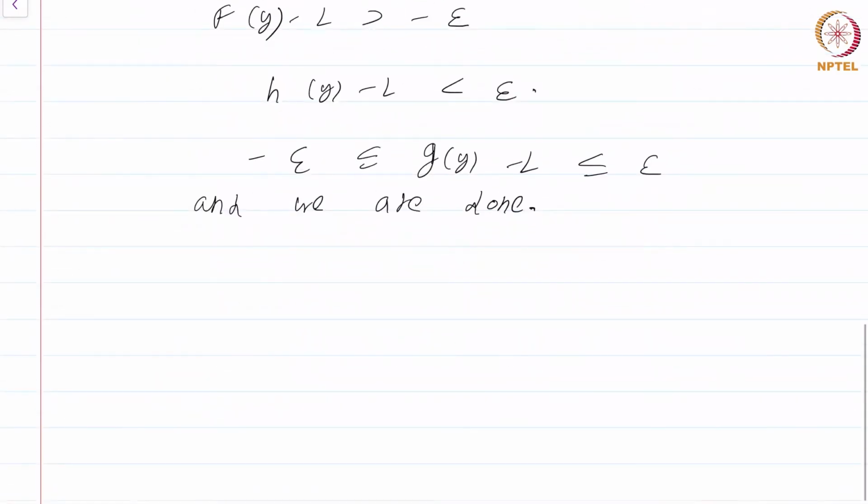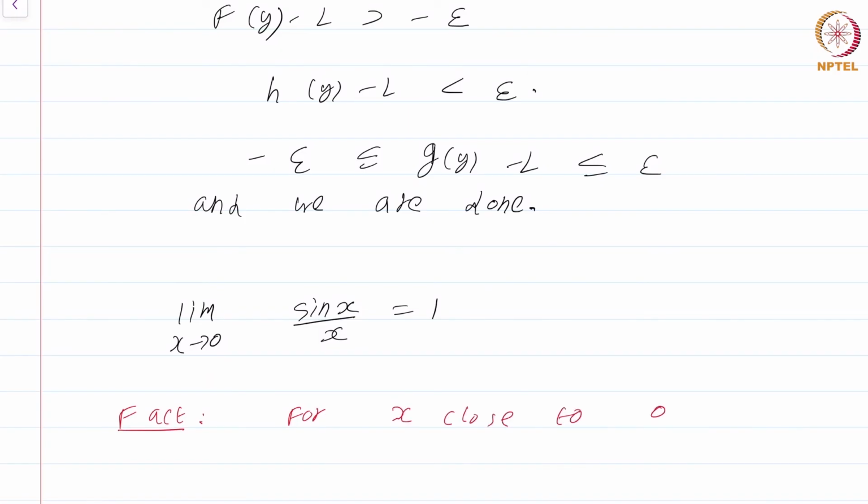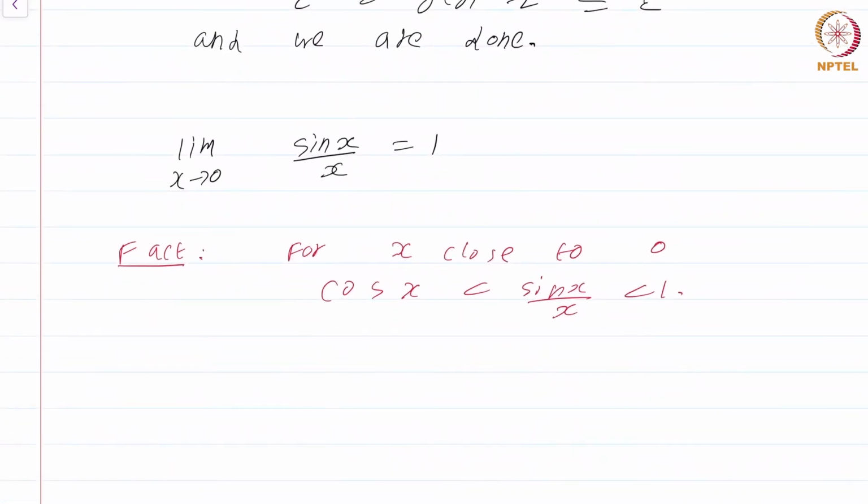How do we use this to show limit x going to 0 of sin x by x is equal to 1? Well, I need to use a fact. For x close to 0, cos x is less than sin x by x is less than 1. This will be proved at a later point when I define the trigonometric functions precisely.